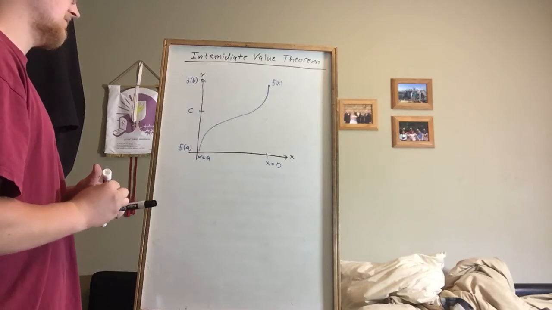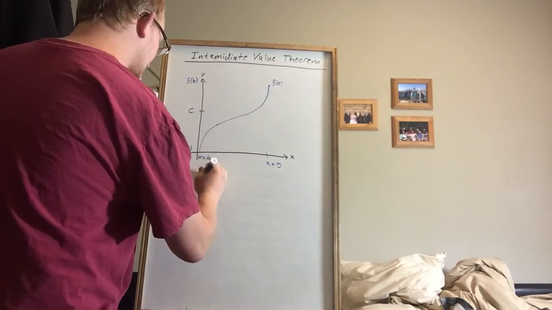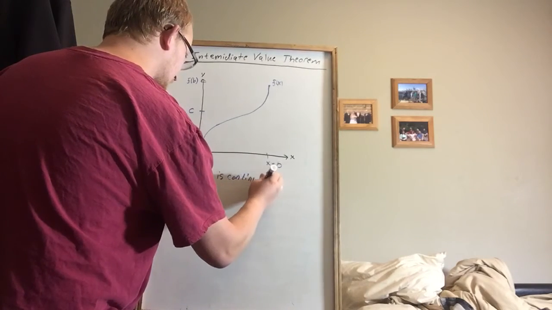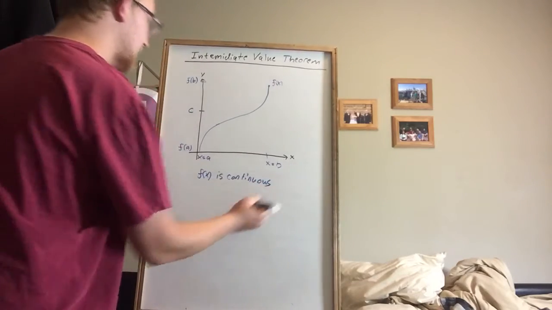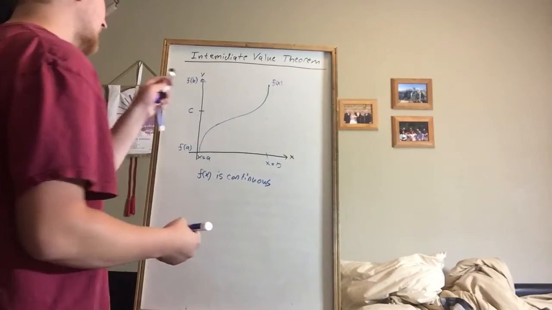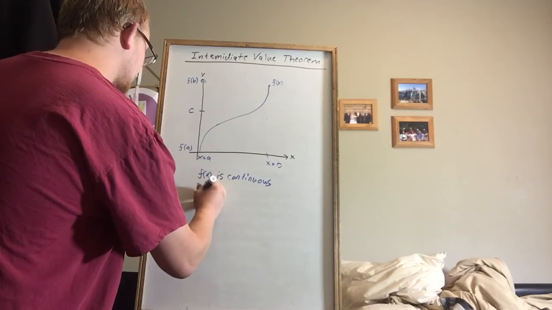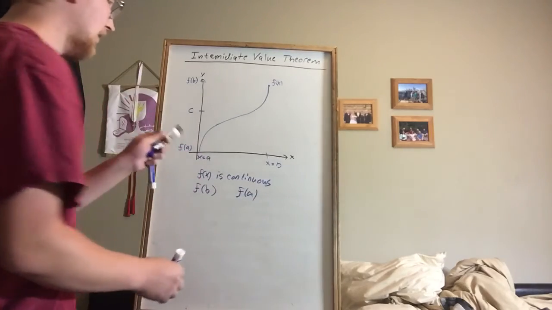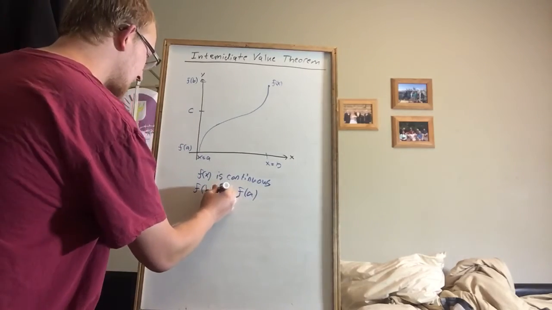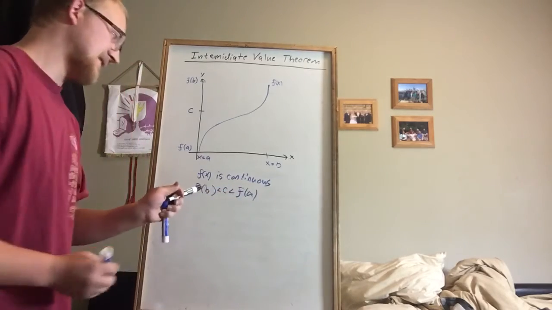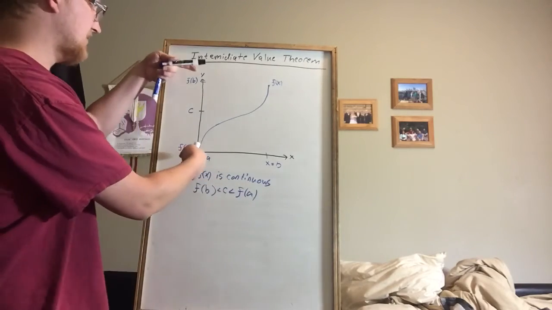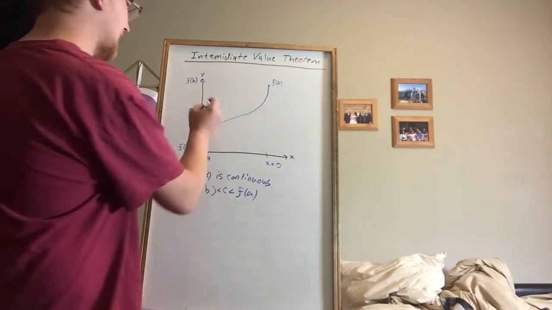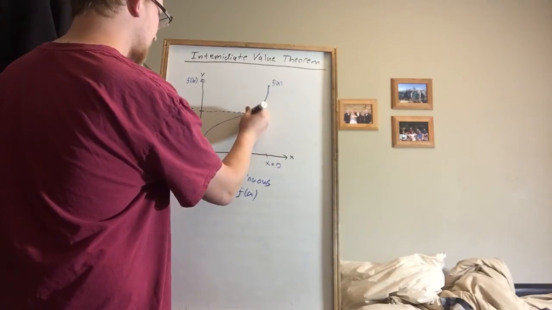And so what the intermediate value theorem states is that if f of x is continuous along this interval ab, and our highest value is f of b and our lowest value is f of a for outputs, then any value c that exists between f of b and f of a must exist somewhere on this graph. And we can find that point right here.